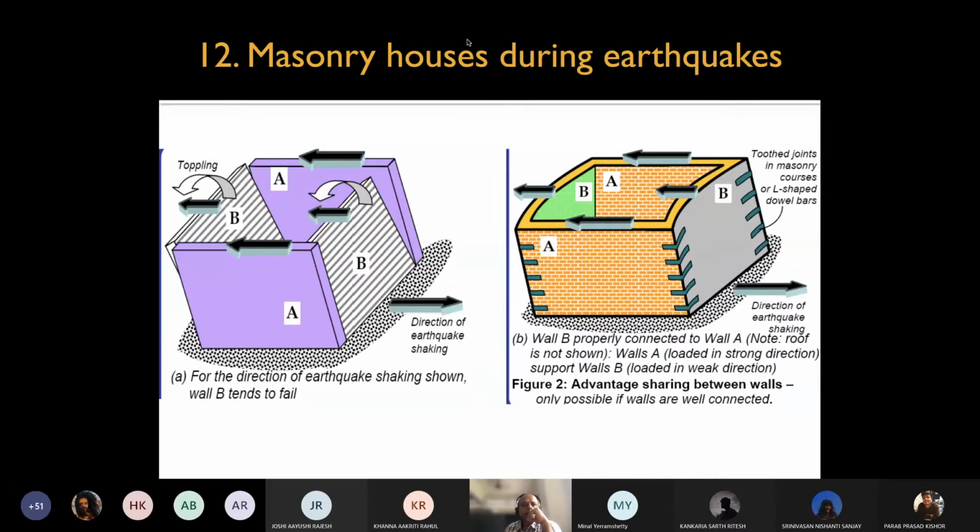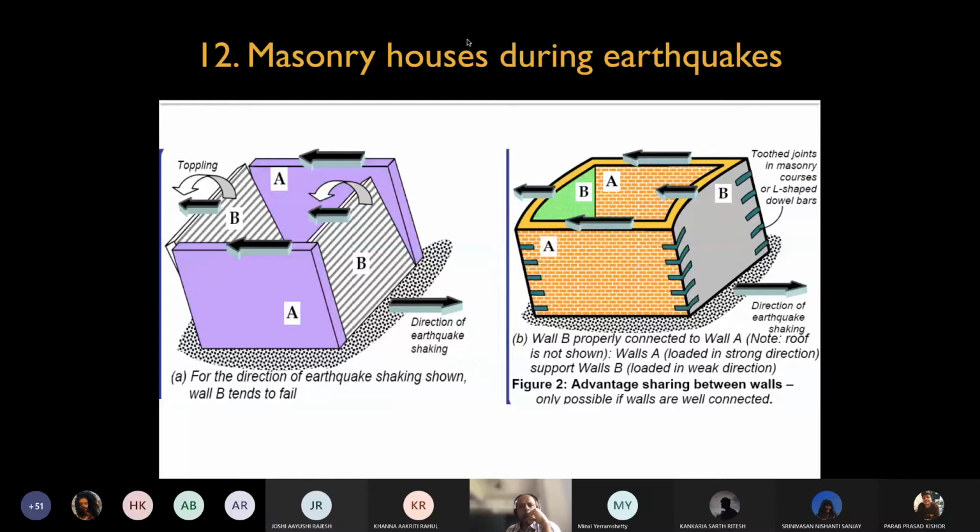So one of these examples we already looked at, and we were questioning which direction. So obviously on the left you see the four walls which are not tied properly with each other at the corners, and when the earthquake happens, the movement happens in a certain direction opposite to the direction of the earthquake. There is oscillation in the same plane, and then the collapse of the walls, which are B walls, which happen in that, say they topple over. Okay.